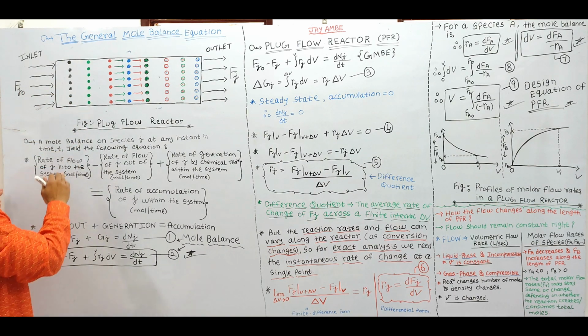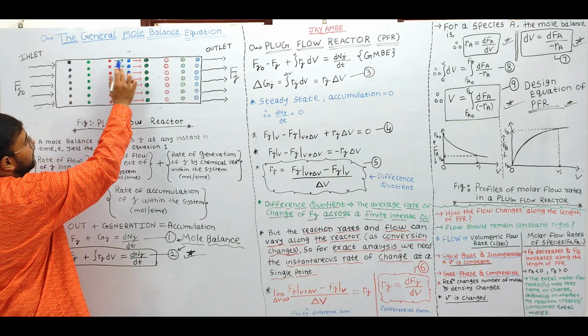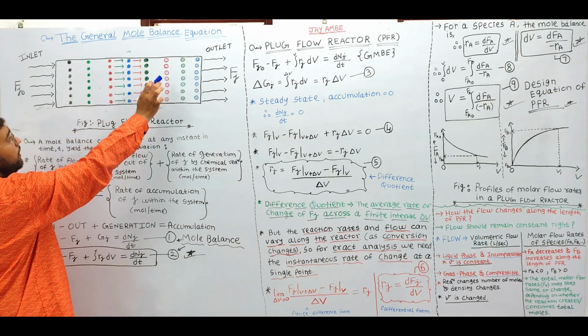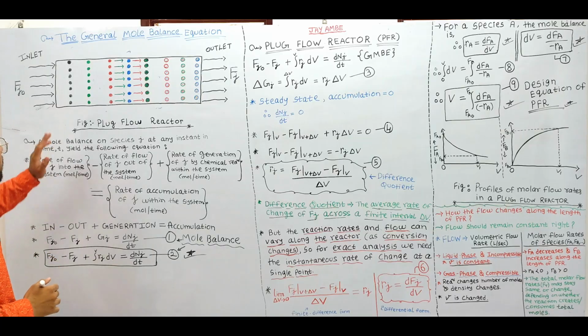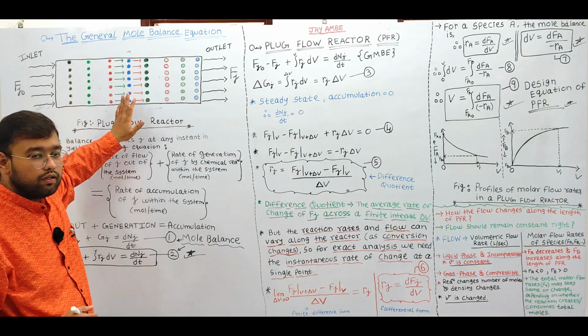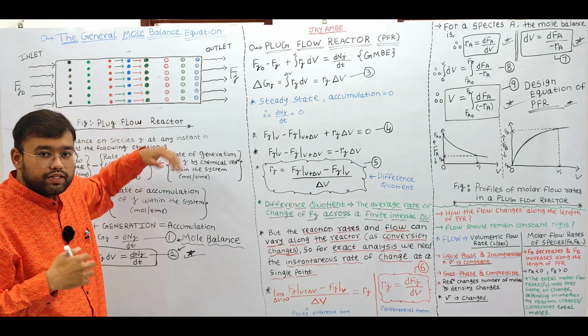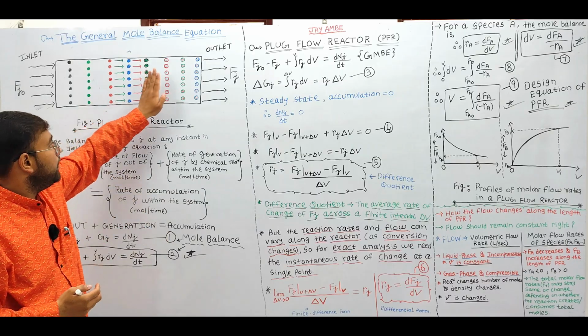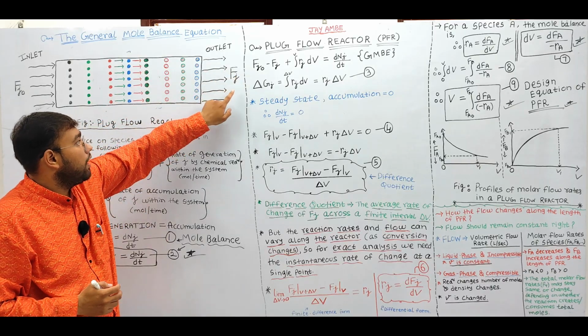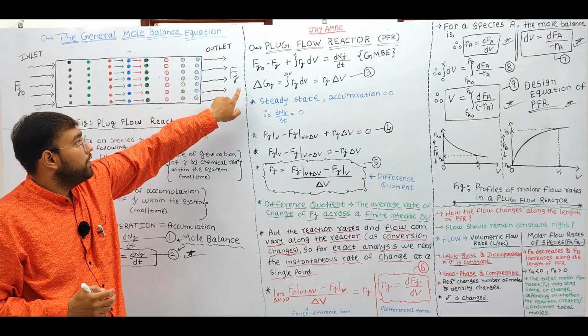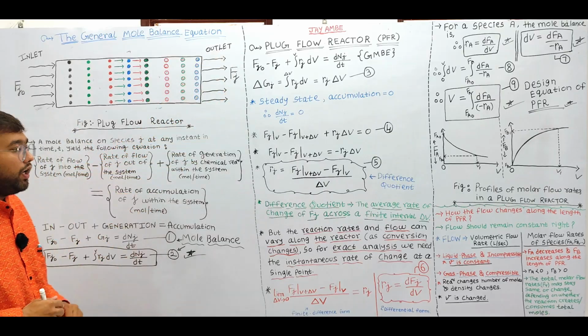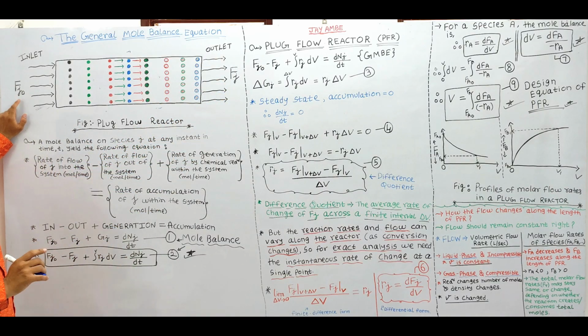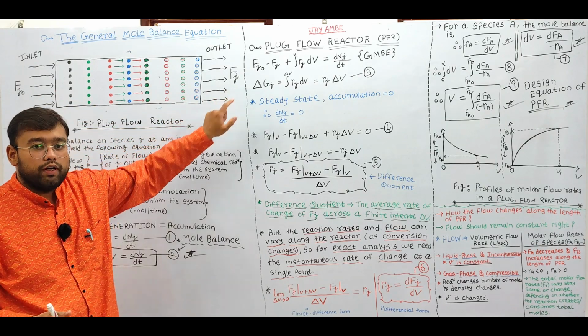The reactants are present in the reaction environment where the reaction takes place. After completion of the reaction, the new products get generated and exit the reactor system through the outlet stream, indicated by Fj. The inlet is indicated by Fj0, the initial molar flow rate, and the final molar flow rate.